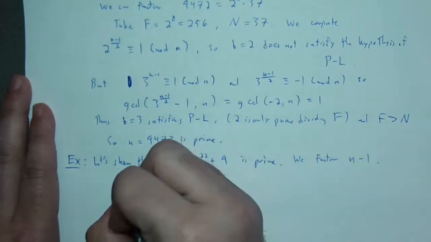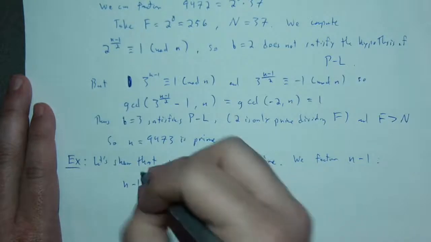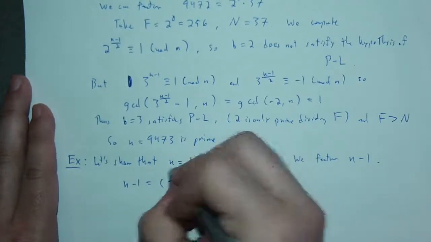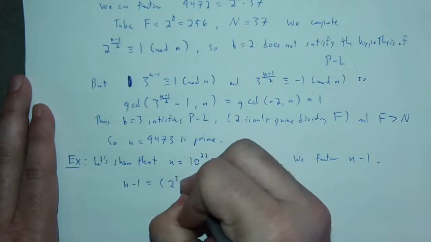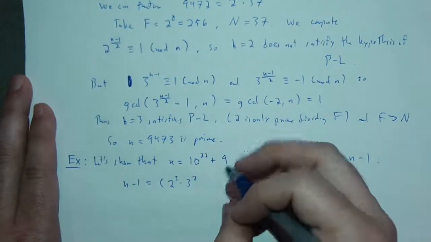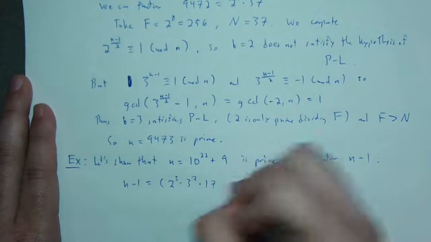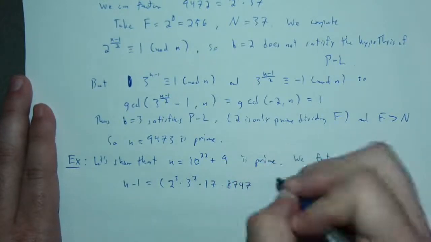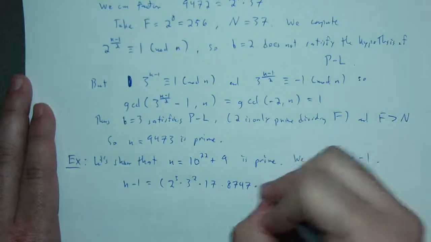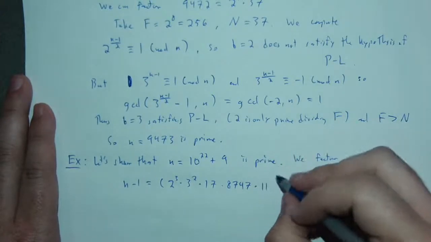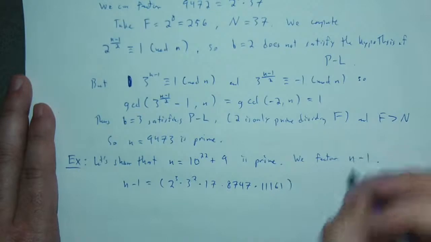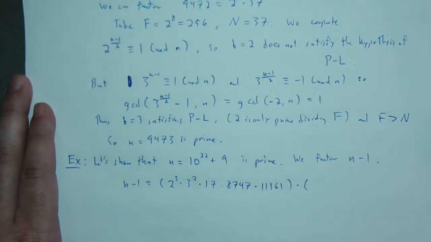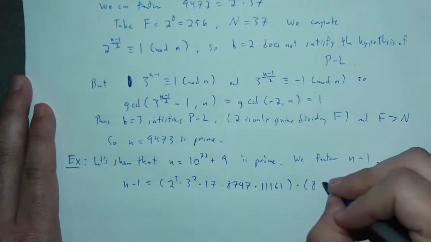So n minus 1 can be factored as 2 cubed times 3 squared times 17 times 8747 times 11,161 times a number that is large.